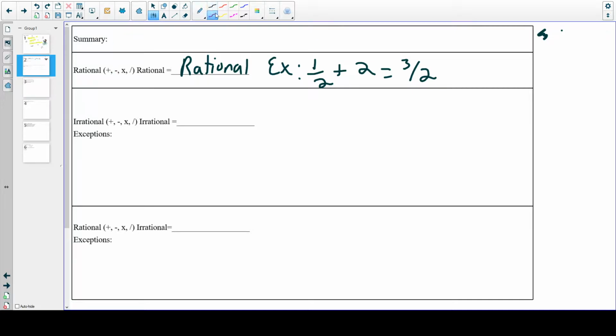Okay? It gets a little iffy when we're talking about two irrational numbers. The exceptions I'm actually going to write over here. So generally, I can say this many times, generally the outcome is going to be irrational.